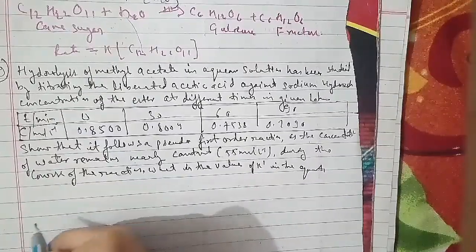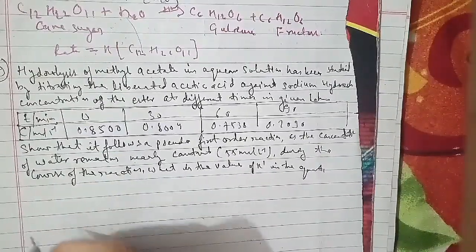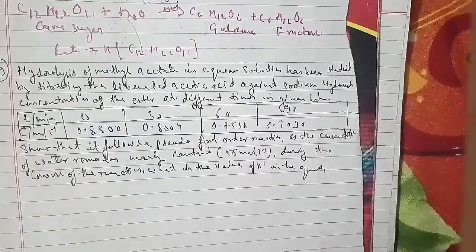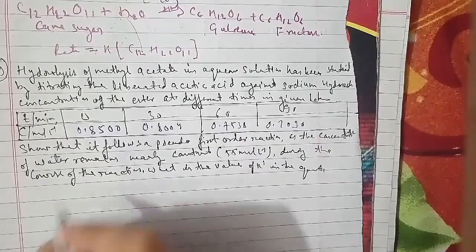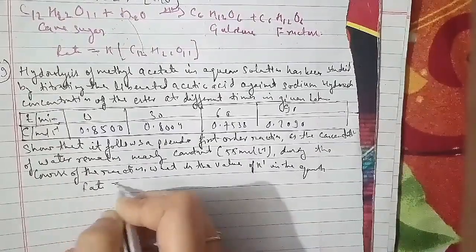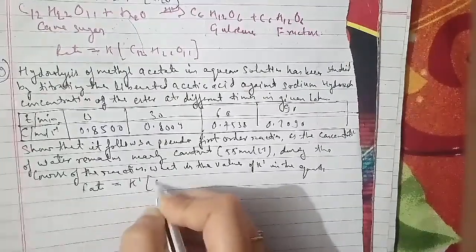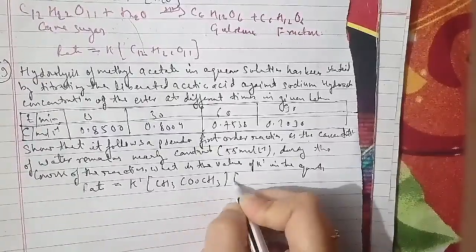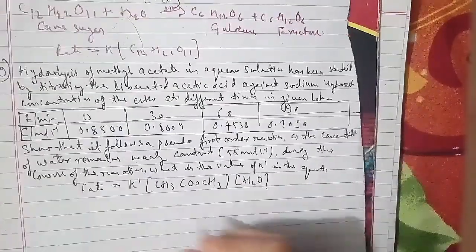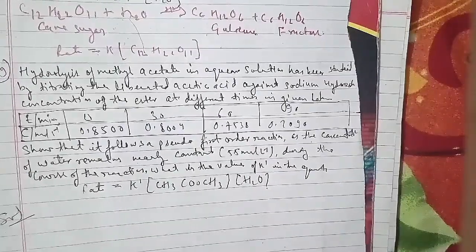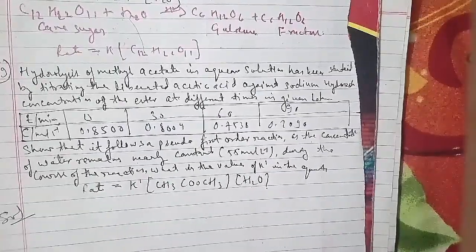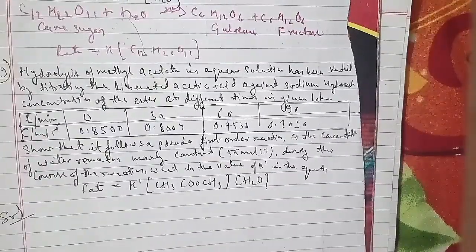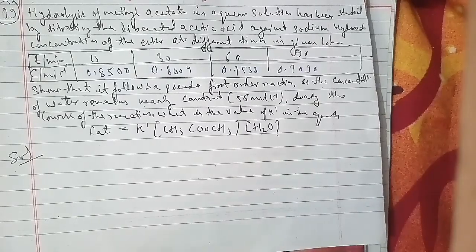So for that we'll go ahead for the solution. The equation we have to find is the rate equals K dash CH3COOCH3 H2O.